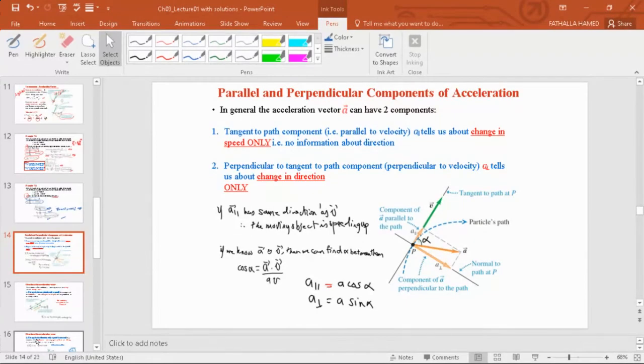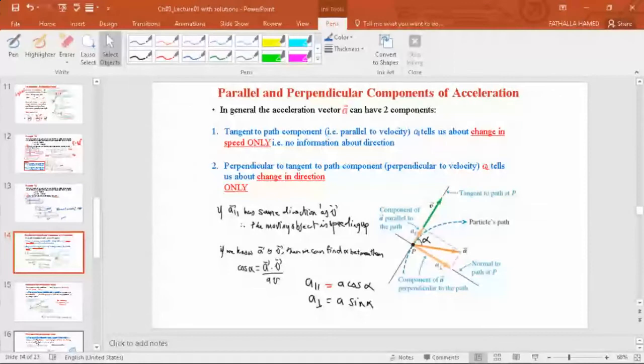The velocity is a vector, and a vector has a magnitude and direction. So you can either change the magnitude and keep the direction as it is, or keep the magnitude and change the direction, or change the magnitude and the direction at the same time.